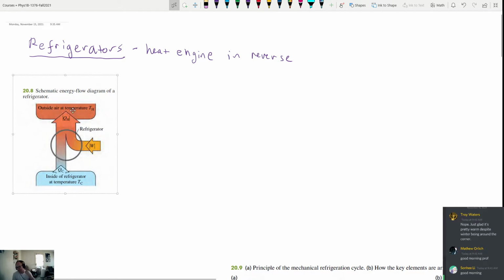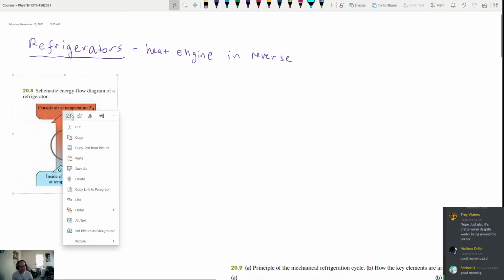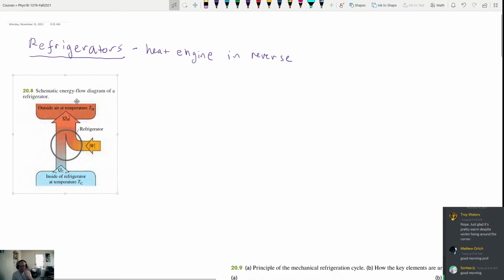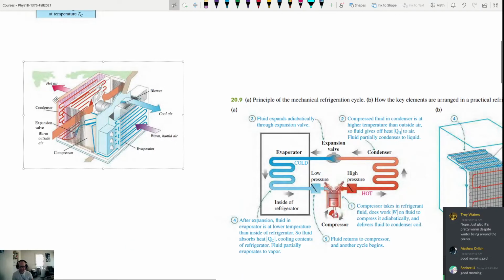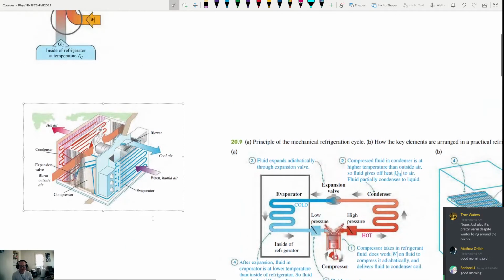So what happens is that the refrigerator cools down by just dumping hot air into the outside. And this happens through a bunch of coils that are on the back of the refrigerator. If you look at the back of a refrigerator of any kind, whether it's like a mini fridge or whatever, you'll see a series of coils that look, I guess, something like this right here. And that's where they're dumping out the heat.